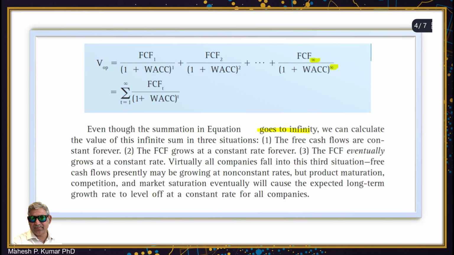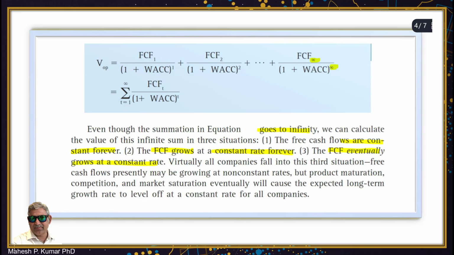However, we do the summation of the present value of free cash flow to the firm only when free cash flows are constant forever, or when free cash flow grows at a constant rate forever, or third, when free cash flows eventually grow at a constant rate.